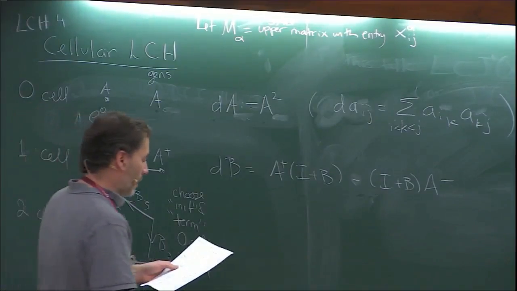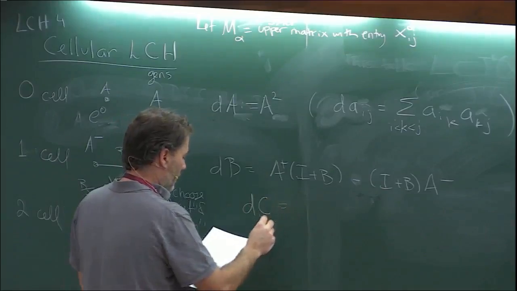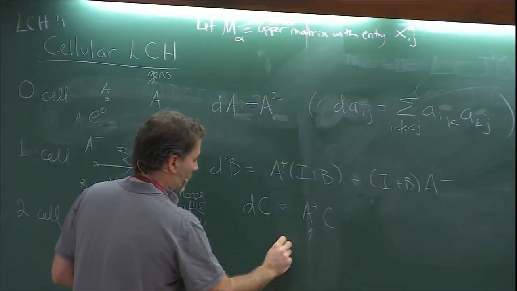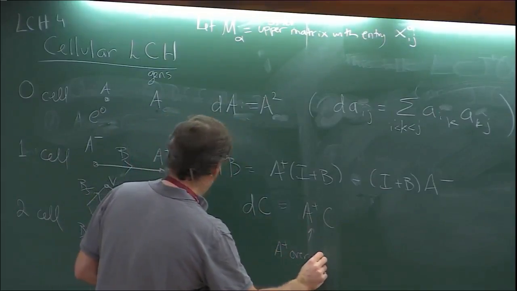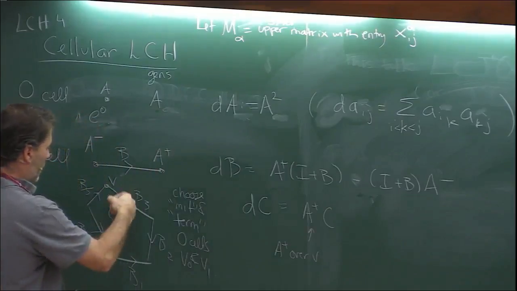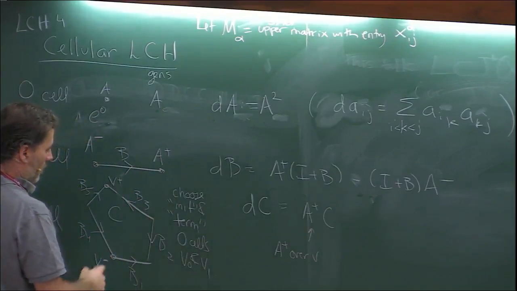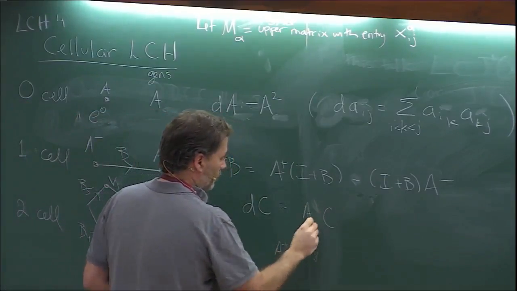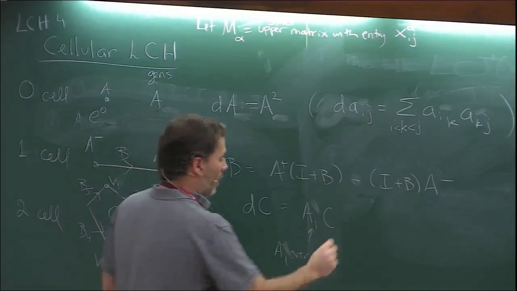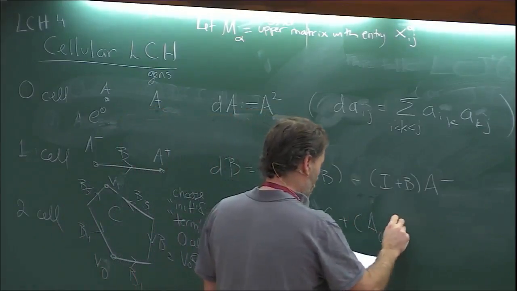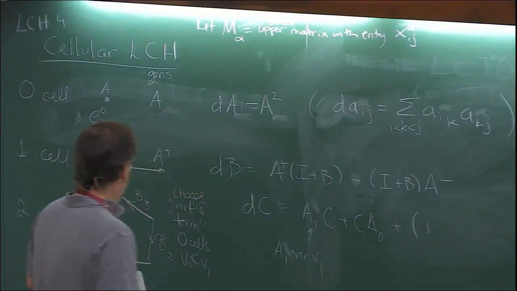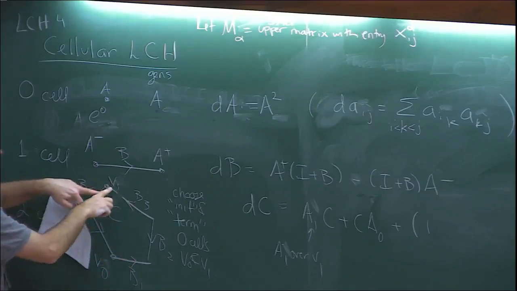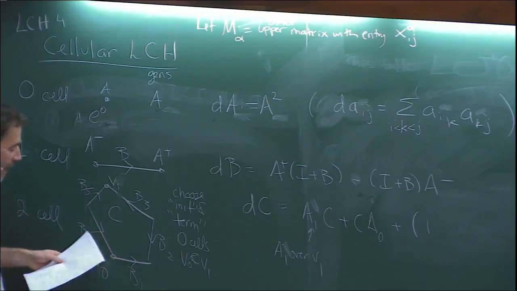Then the differential for this C is given by A plus C. This matrix sits over V plus. Plus C A0 plus, now we're going to think of two paths going from V0 to V1 and write out the chain maps that are induced by these paths.